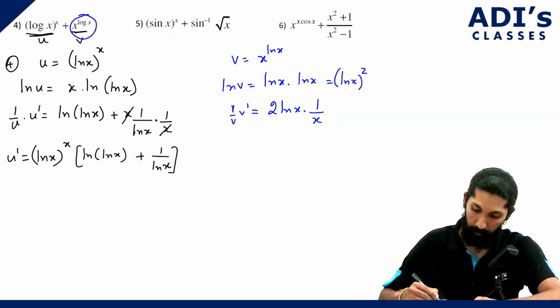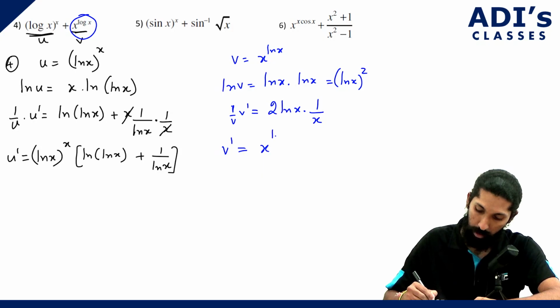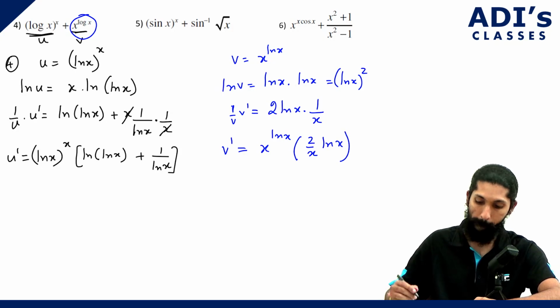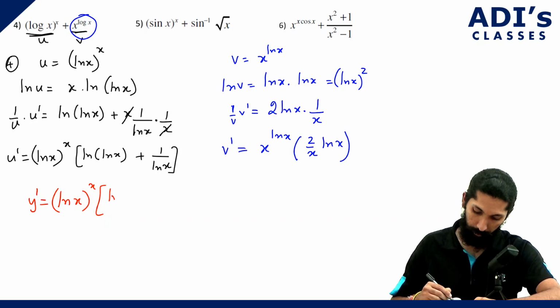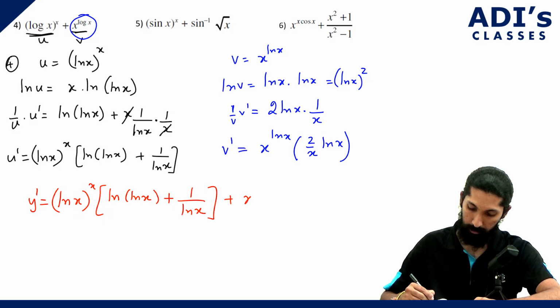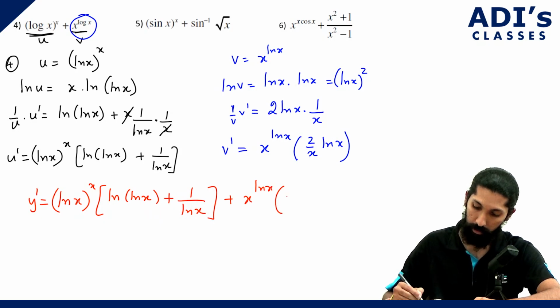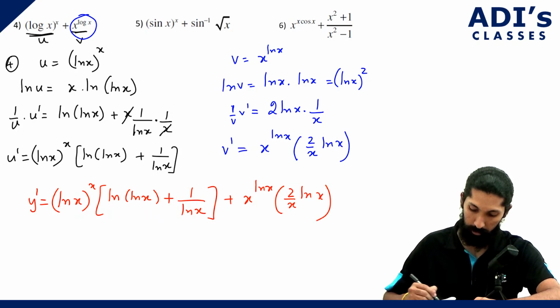So v dash becomes x power log x into 2 by x into log x. Now add both of them. So y dash is equal to (log x) whole power x into (log of log x plus 1 by log x) plus x power log x into 2 by x into log x. See, this is the answer for the fourth one.